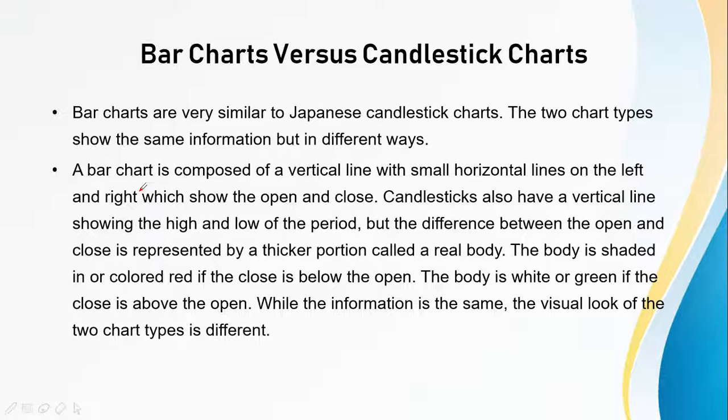And while the information is the same, the visual look of the two chart types is different. When the candlestick is bearish, it will be black or red. So both bar charts and candlestick charts show the same information, but the visual look is very different in both of them.